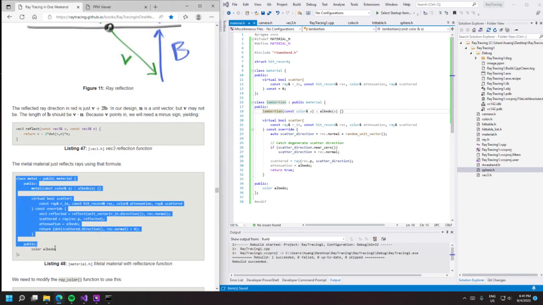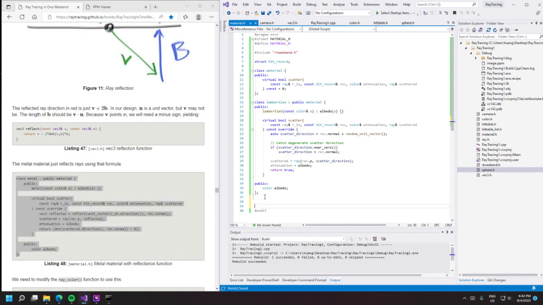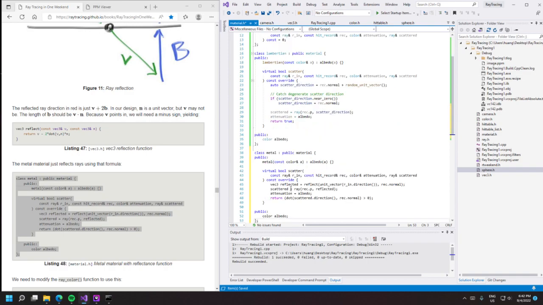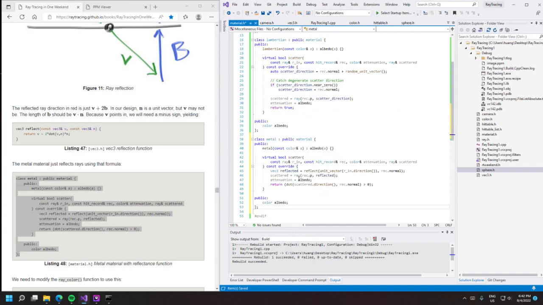Oh, okay, so we made another class called metal that just does this reflection, and this reflection is basically here, the reflect.